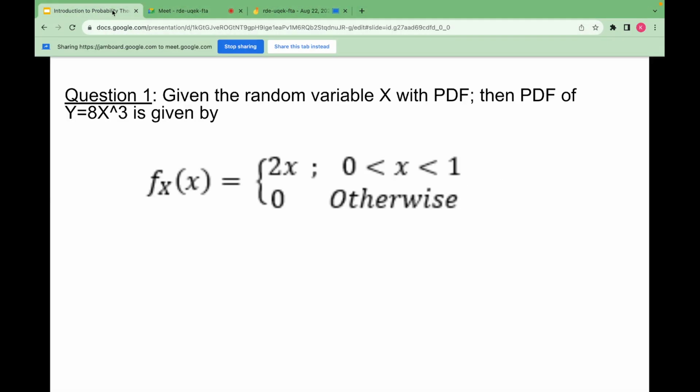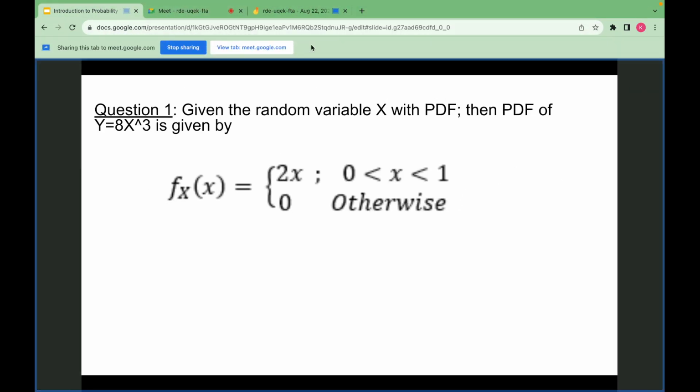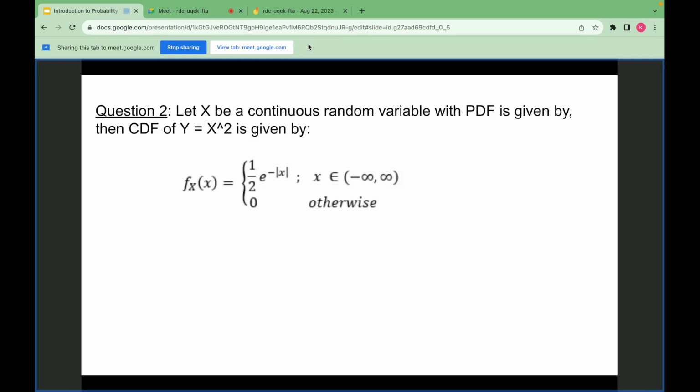Okay, so moving on to the next question. This is the question where x is a continuous random variable with the PDF given in the expression, and now we need to find the distribution of y, where y is x square. So just try to do this question. I will give you 2 minutes.